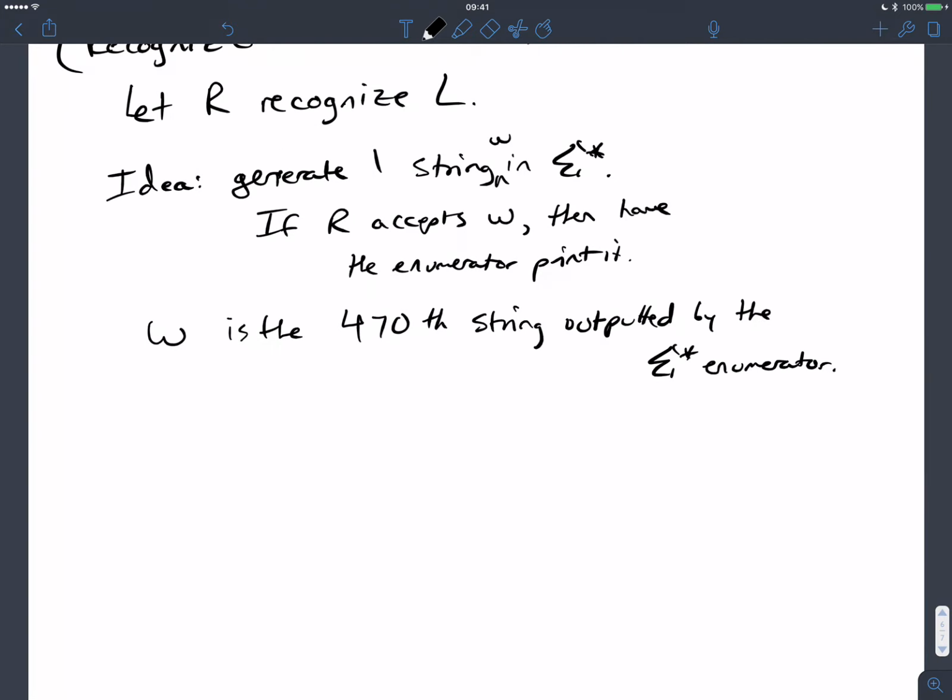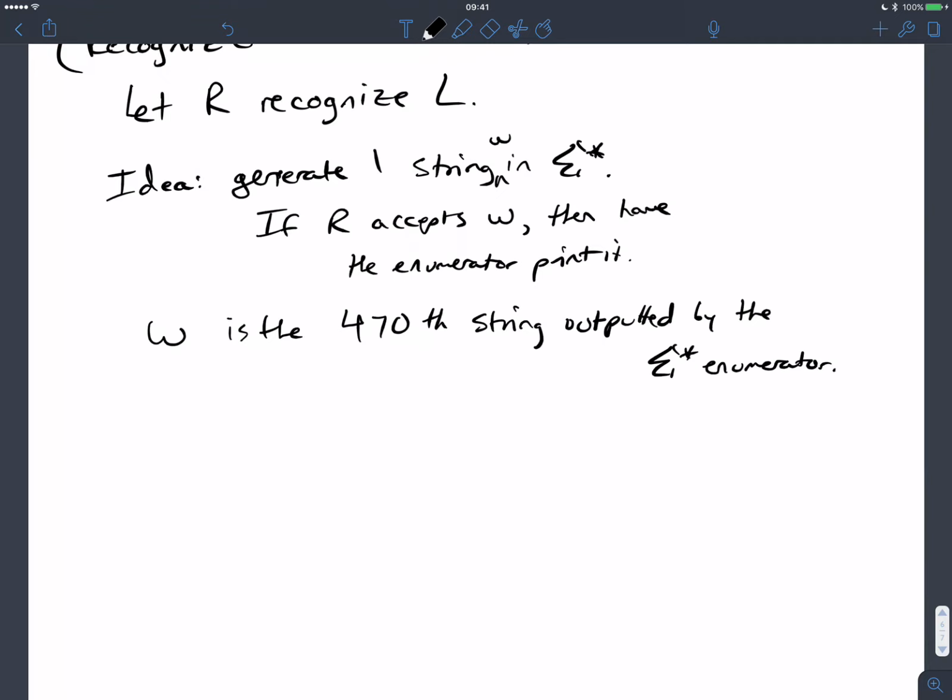If I run W for 470 steps, could it be accepted or not? It could be accepted, it might not. What if I run it for 471? Same thing. If it takes 1,000 transitions for that string to be accepted, and I just try 470, then 471, 472, and keep going, will I eventually accept that string W? Yeah. If I just repeatedly keep progressing the computation further and further, I will accept it eventually.